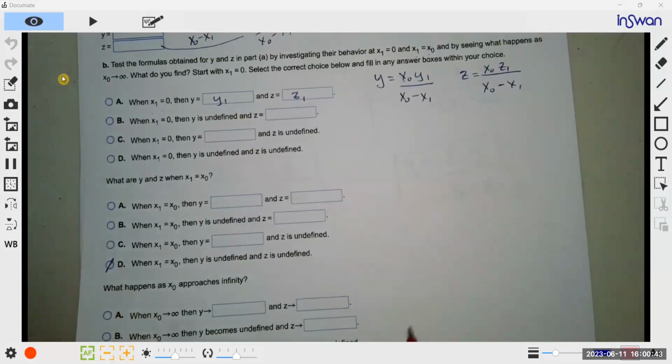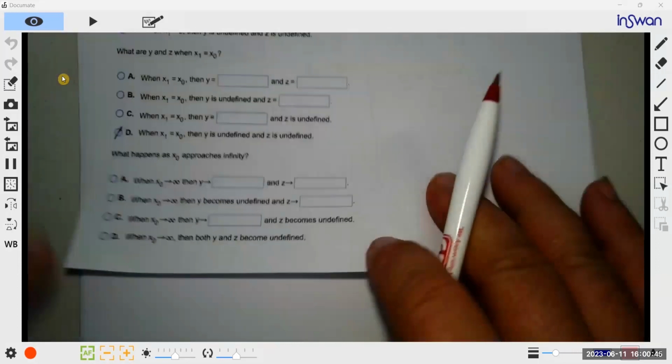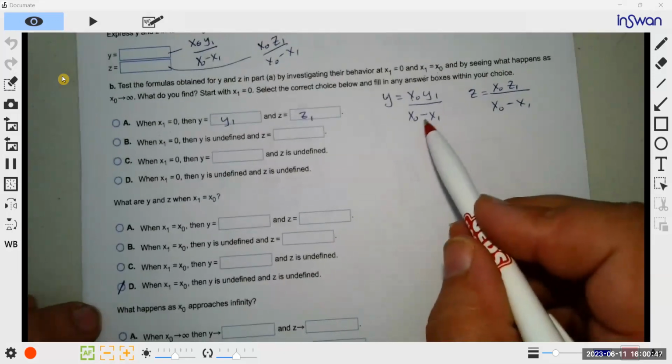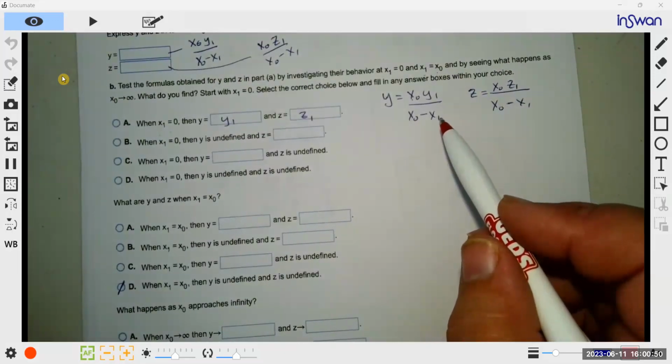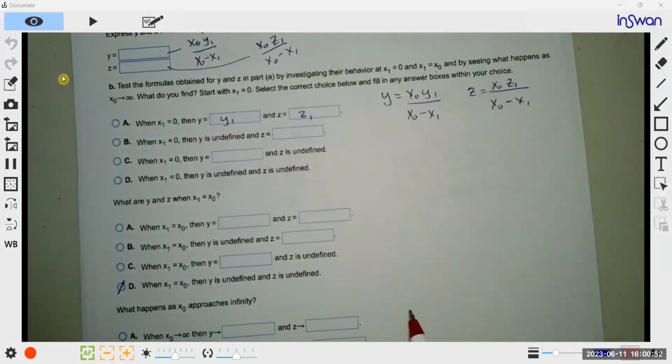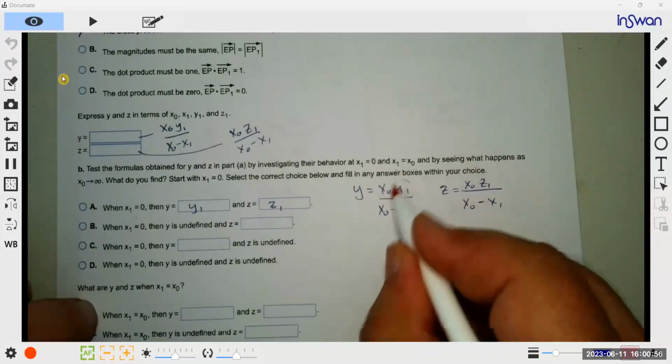And then as x0 goes to infinity, they're just going to approach these points.